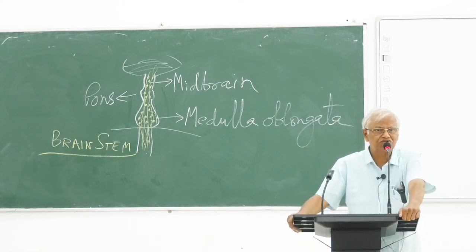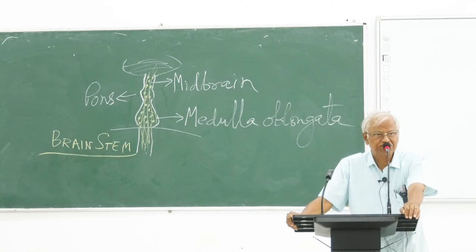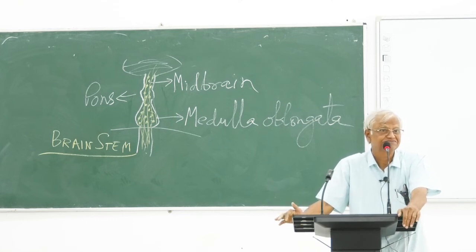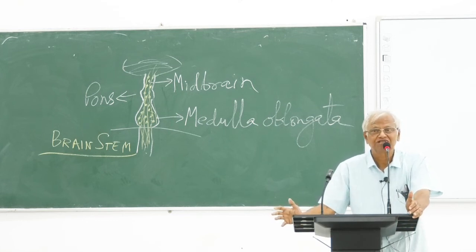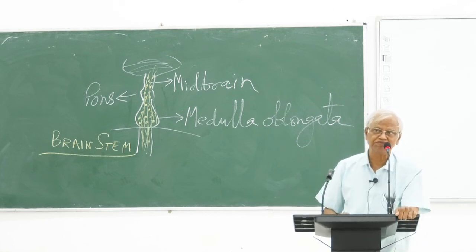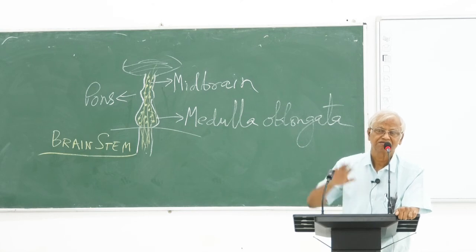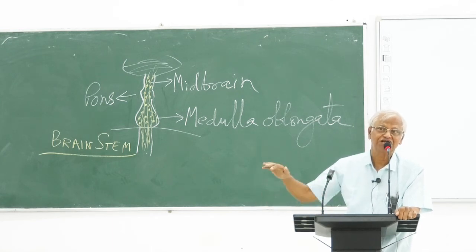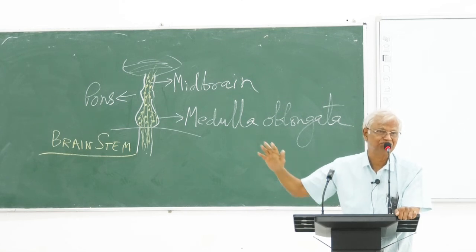So when the reticular formation nuclei do not receive adequate stimuli, they become inactive. And when they become inactive, the brain goes to the stage of first inattentiveness, then drowsiness, and then sleep.